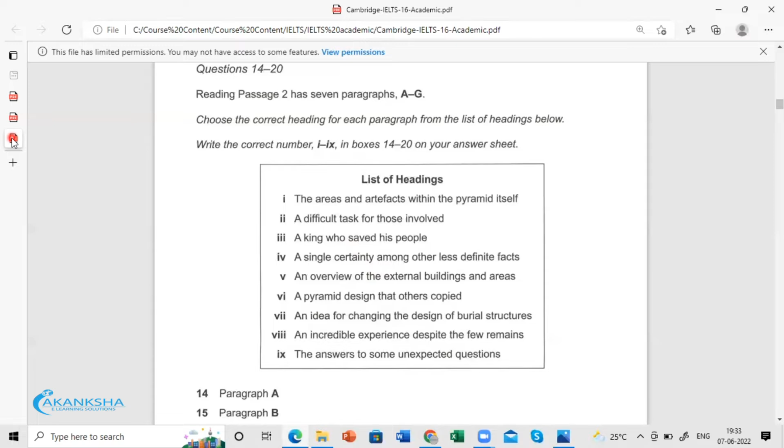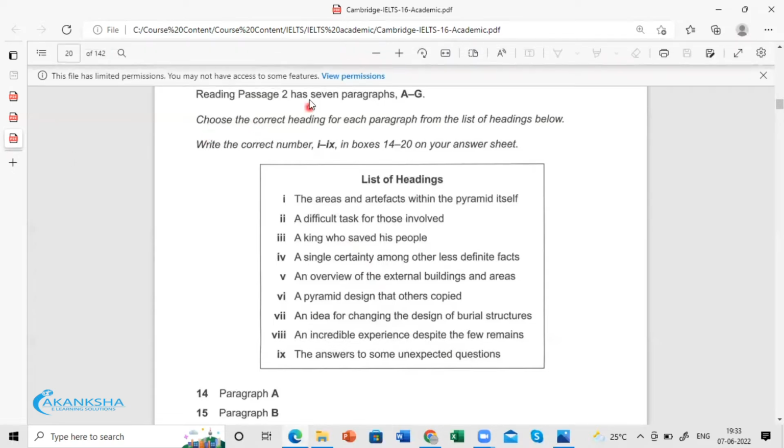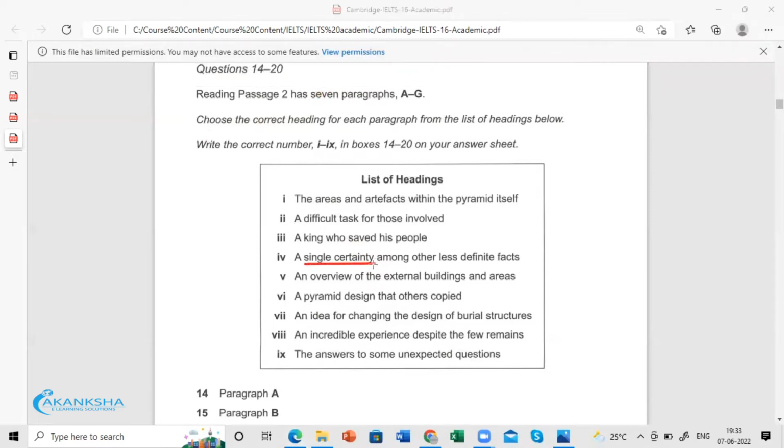And a single certainty among other less definite facts. Yes, so the moment we see the words single certainty: certainty means what? Confirmed one, something that is confirmed.